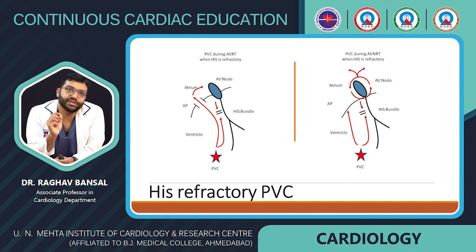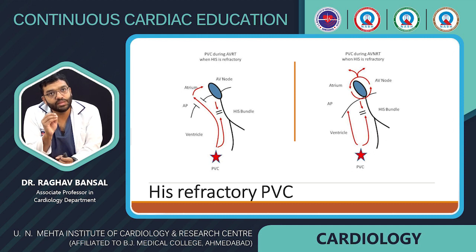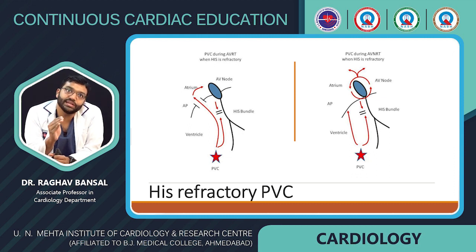Since the His bundle is refractory, the pacing impulse from the RV cannot travel back through the His bundle and AV node to the atrium. So if this His refractory PVC is able to travel back to the atrium and change the activation of the atrium, there has to be a separate path of activation apart from the His bundle, which cannot be anything other than an accessory pathway.